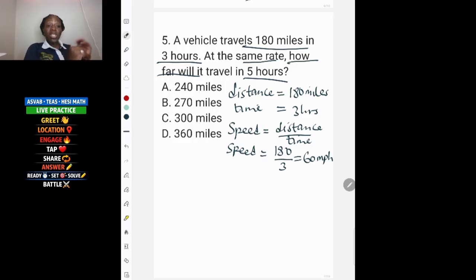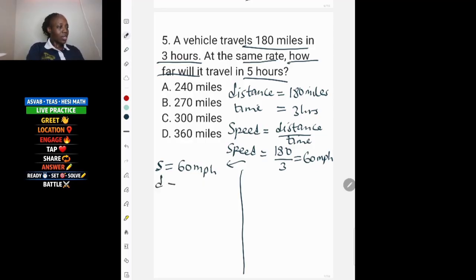That's the first step. The second step is, they say at the same rate, right? So at the same speed, speed is 60 miles per hour. Let distance be x, and time is 5 hours.